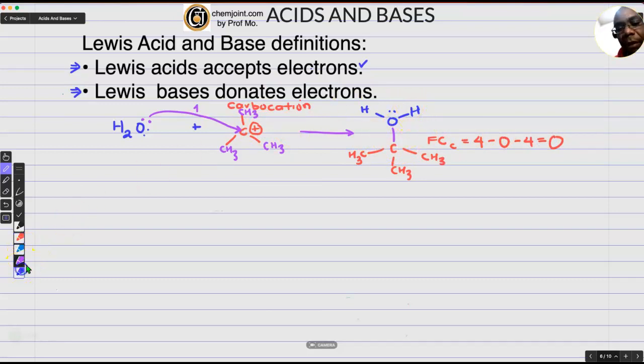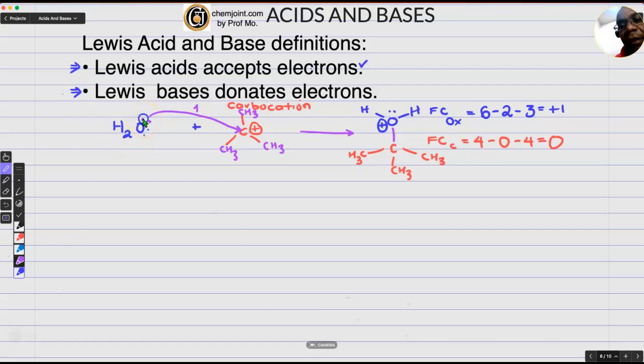For the oxygen though, the formal charge of the oxygen equals the valency of oxygen minus non-bonding electrons minus number of bonds, which are 3 bonds on the oxygen. That will give you +1. So we have to show the positive charge on oxygen after this transformation. So when water is in the presence of a carbocation, a carbon which is deficient of 2 electrons with a plus charge on it, you're going to get an alkyloxonium ion, which is shown here.